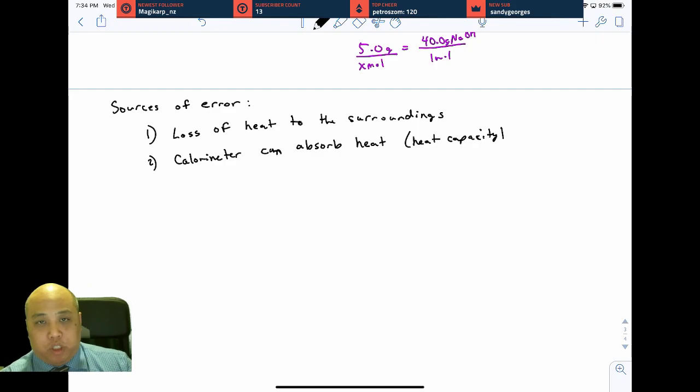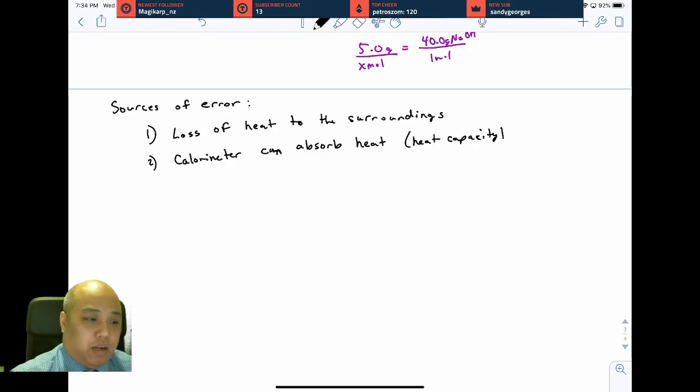So what you'll do usually is you'll take some hot water and cold water, put them together in the cup, and then see what the final temperature of that water is. Then you can measure how much heat the water actually transferred to the cup itself, and you can calculate the heat capacity of the cup. But I don't think you're going to have to actually do that for IB chemistry, but that's just a concept.